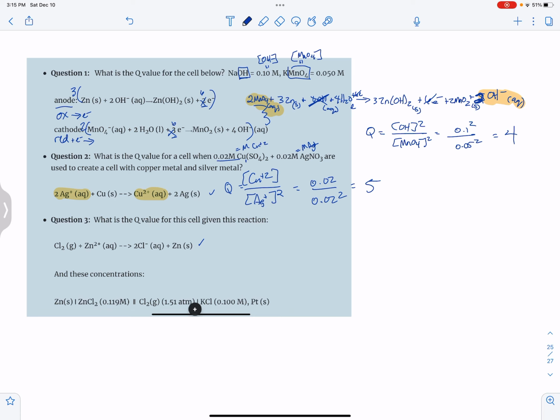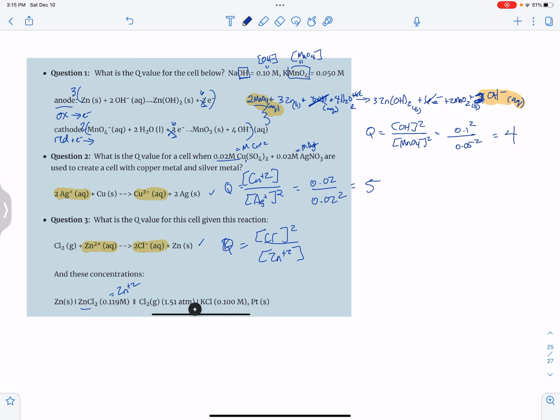All right, so the last one. This one has the concentrations written in a different way. So yes, we have this. So that's great. So we know that the Q value is Cl minus squared over Zn 2 plus. So we know that, that's good. But then we have to go down here and look at what our values are. So this is the same thing as saying zinc plus 2.